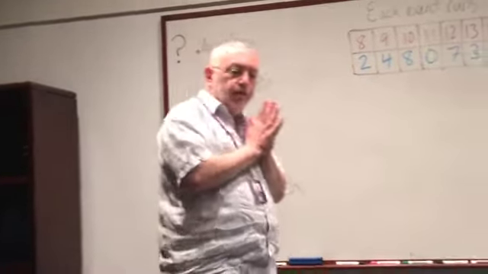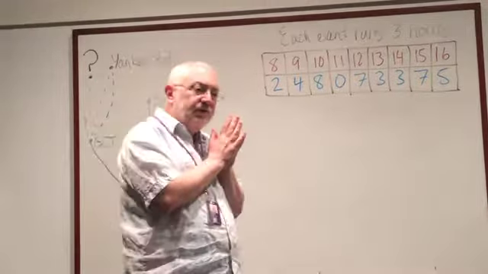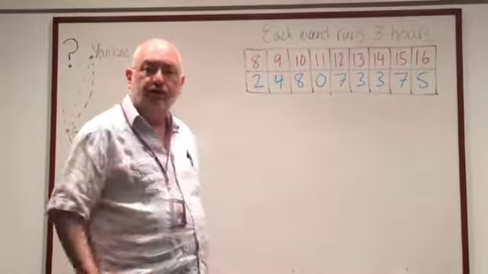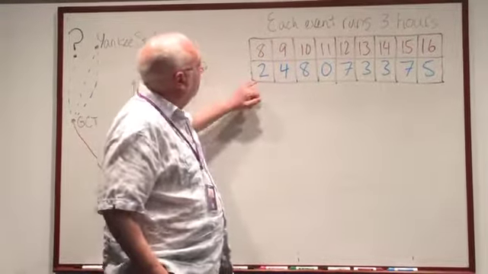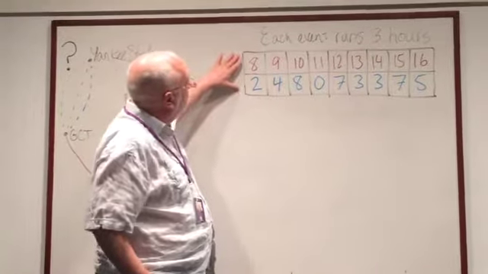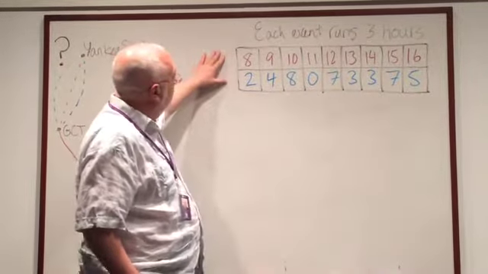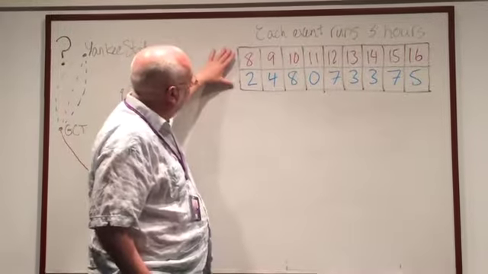So we're going to look at a dynamic programming problem. It's similar to the activity scheduler in the greedy algorithm chapter of our textbook. But what we've done differently is we have a series of events. People want to book your auditorium. And you can book it on the hour, and each event is going to run 3 hours.